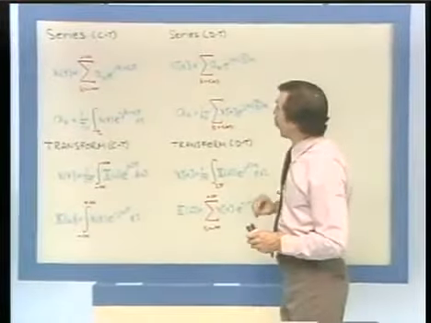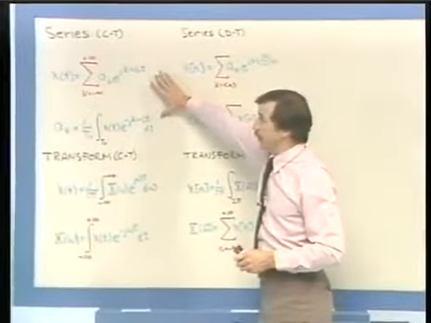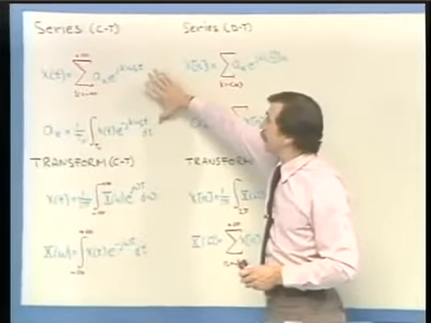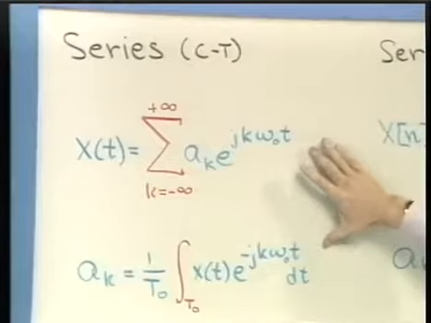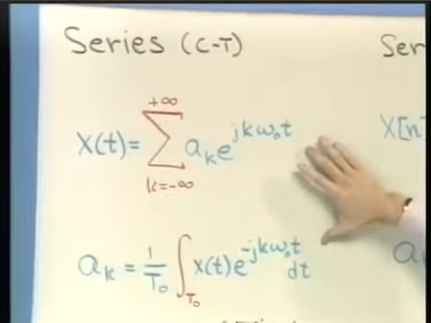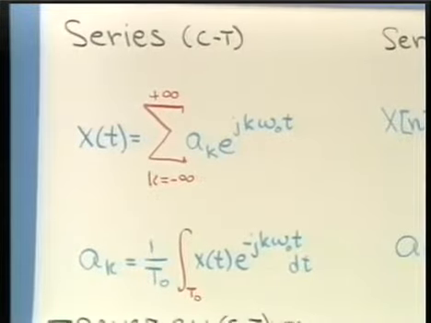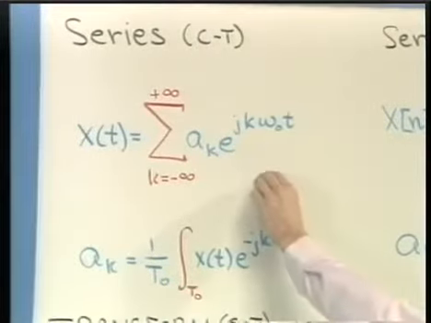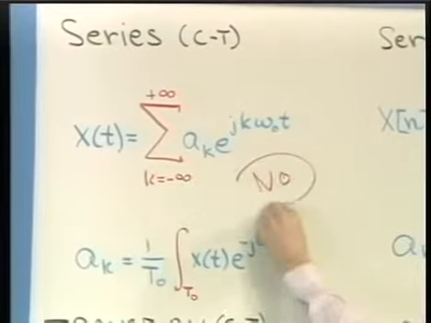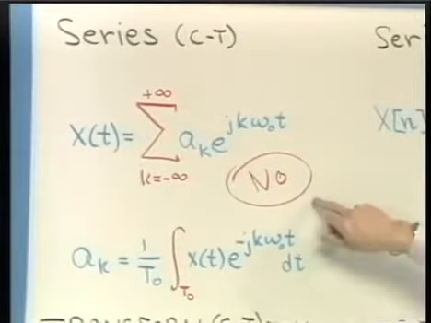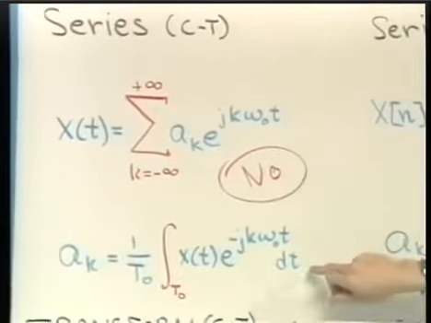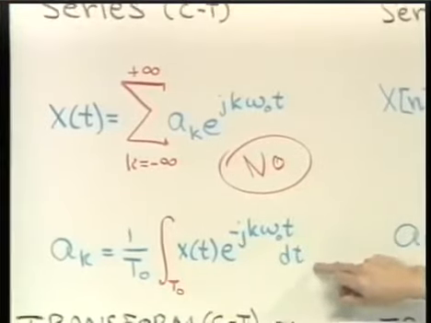Let's go back and look at this pair of equations. Clearly, there is no duality between these two equations. This involves a summation. This involves an integration. And so, if we make reference to duality, there isn't duality in the continuous time Fourier series.